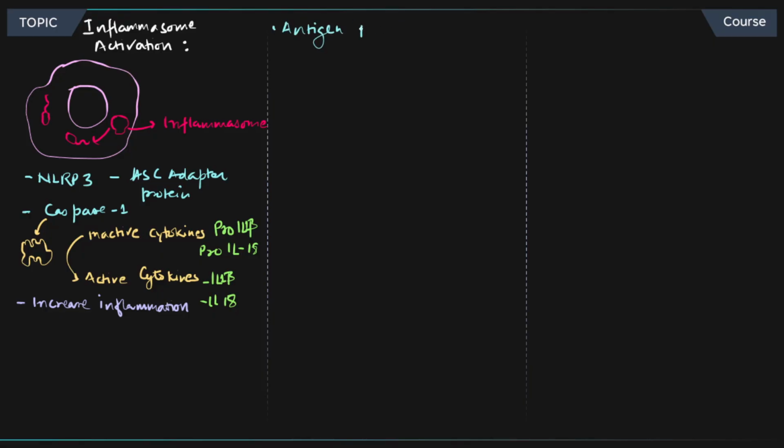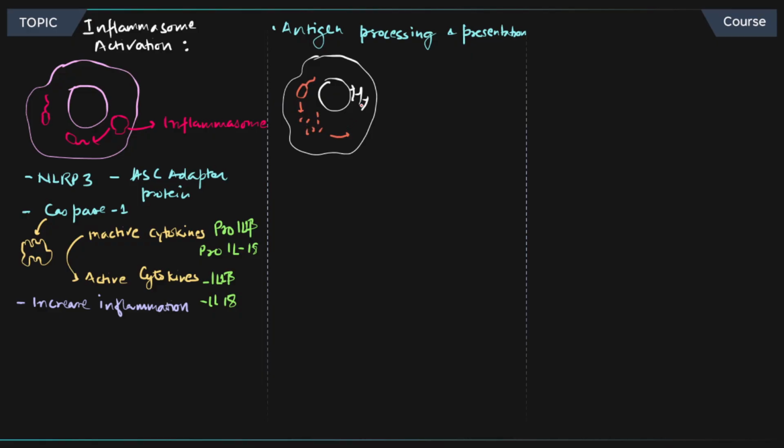Now let's move on to the next process, which is antigen processing and presentation. Now the bacteria got destroyed, the pathogen got destroyed inside the cell. So let's say this is the immune cell, this is the bacteria, it's getting destroyed, various components are going to get released, then receptors will be there that are going to basically activate the adaptive immunity using antigen processing, right?